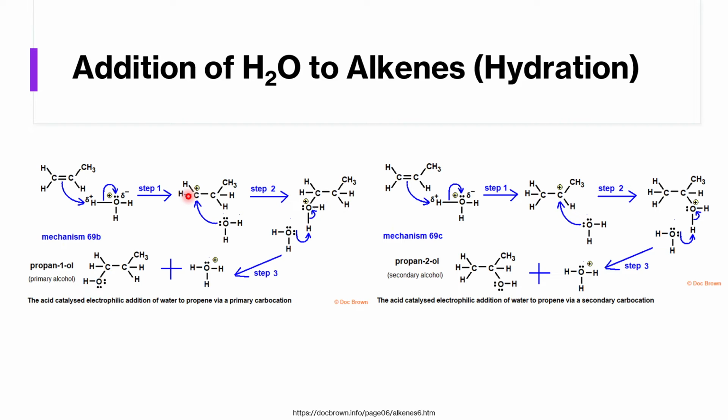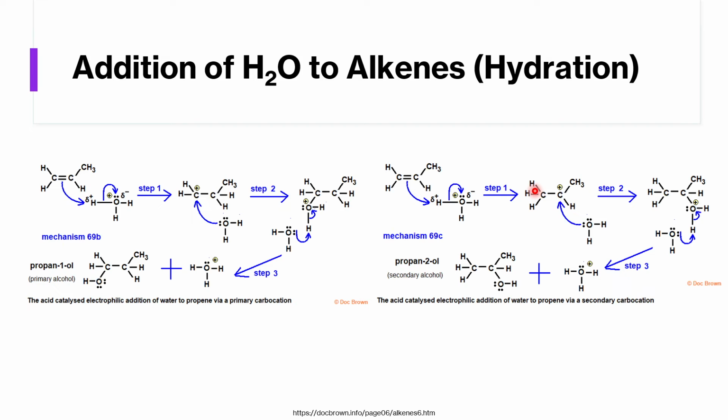Something that I want to acknowledge though is that again, we end up with these 2 products. In this first step, when we are picking up a hydrogen, there is a chance that the hydrogen can end up on the end carbon or the middle carbon. So in the mechanism on the left, when we do this first addition process, what we can see is that the hydrogen is added to the middle carbon, whereas in the mechanism on the right, the hydrogen is added to the end carbon.